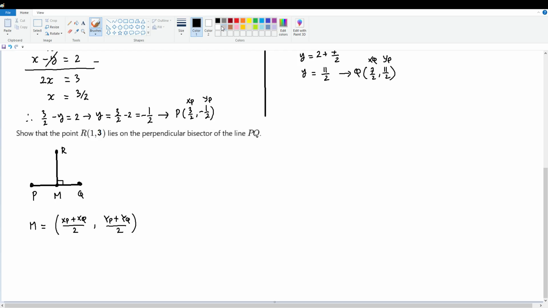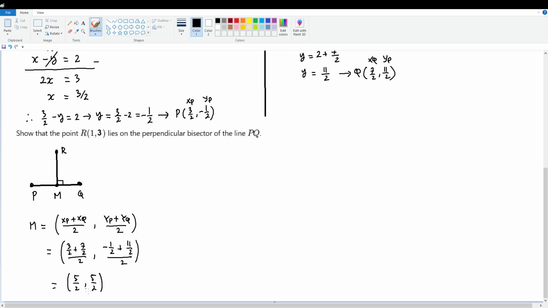So you just substitute the values here. xp is 3 over 2, xq is 7 over 2, over 2, comma, yp is minus 1 over 2, yq is 11 over 2, over 2. Solving this one, you will get (5/2, 5/2). So that is our midpoint.